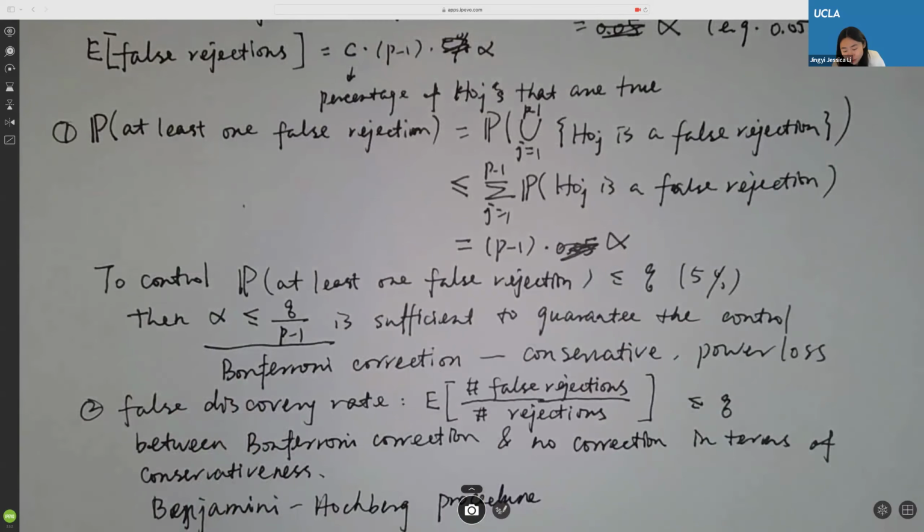So you are enlarging your p-value, and then you compare the enlarged p-values to this alpha. That's another way. An equivalent to that is when you construct a confidence interval, you multiply the interval length by the number of tests. So you're getting very, very wide intervals, but the conclusion will be the same. If you have super wide confidence intervals, they will cover 0 and you won't call them discoveries, right?